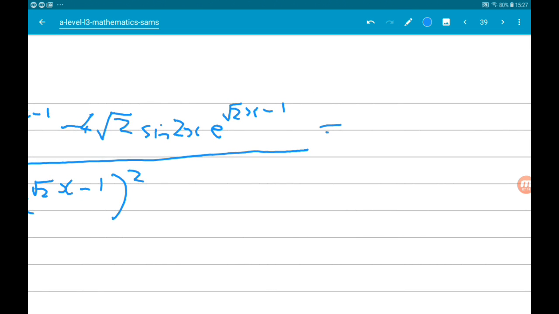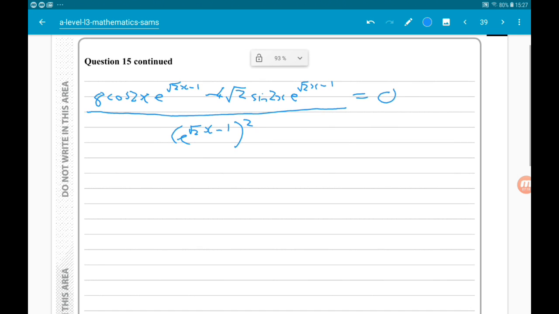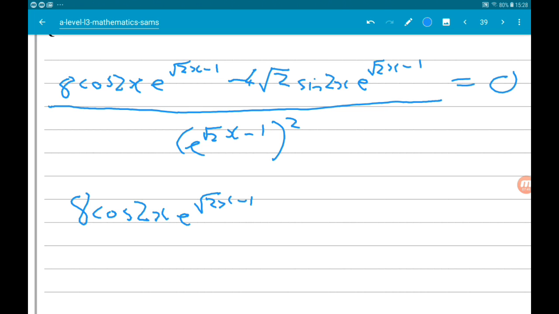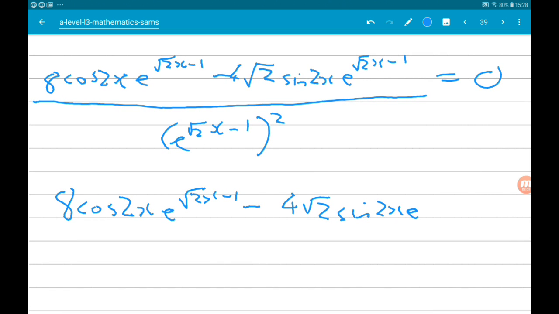So if we set this equal to 0, straight away, as I just said, we can multiply through by the denominator, so we then get left with 8 cos of 2x e to the root 2x minus 1 minus 4 root 2 sine of 2x e to the root 2x minus 1. And that is all equal to 0.